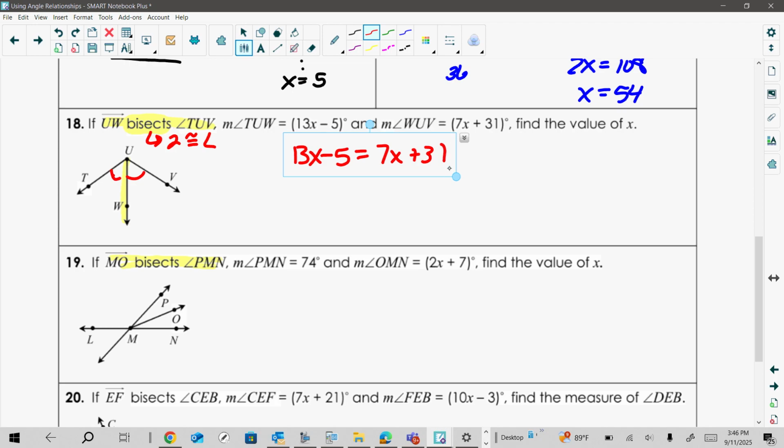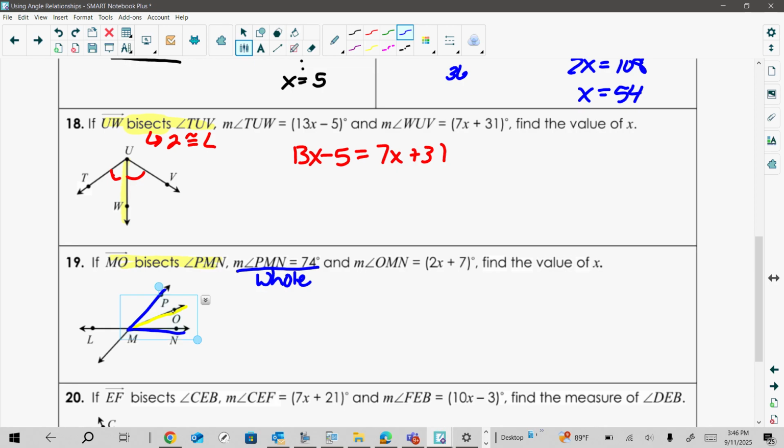Now, the difference between 18 and 19, I'm dealing with a bisector. We still have MO as the bisector. But here, PMN represents the whole angle. 74. Well, that means I can divide it up to get the measure of each angle, and then use that.